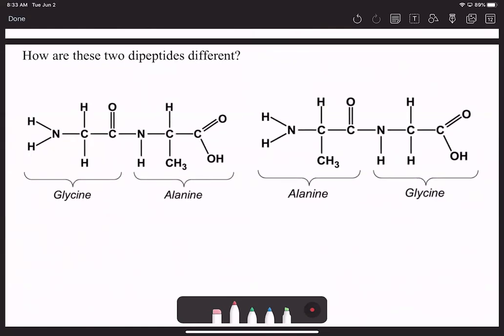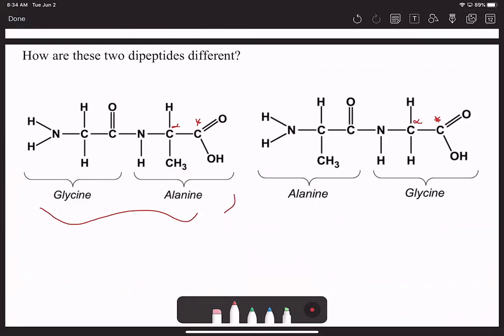So these two dipeptides here, even though they contain the same amino acids, they're both made with glycine and alanine. But just because they use glycine and alanine, we can't assume that they're going to make the same exact dipeptide. These two dipeptides are very different. If we take a look at the alpha carbon, here's my carbonyl, and here is my alpha carbon. Here's my carbonyl, and here is my alpha carbon.